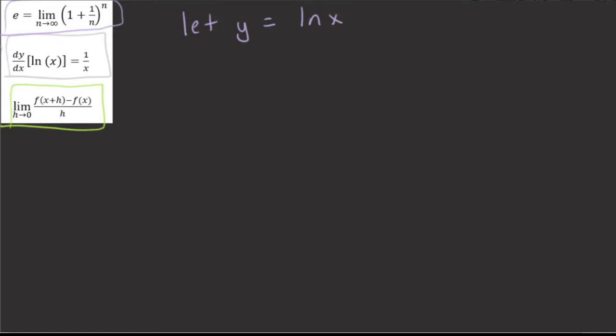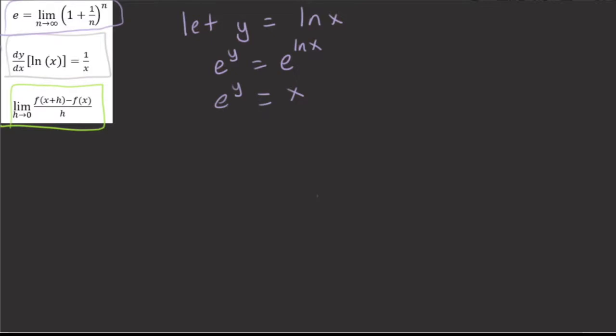Anyways, for this one, it's a similar method where we're going to get to utilize e. And in doing so, if we raise e to both sides, we get e to the y equals e to the ln x. And as we know, whenever we have an e to the ln x, that just drops. So that becomes e to the y equals x.